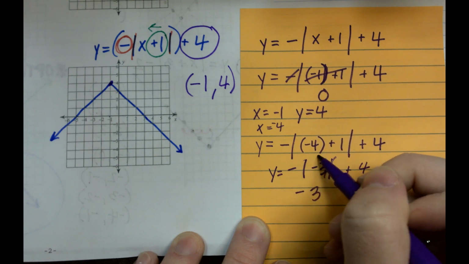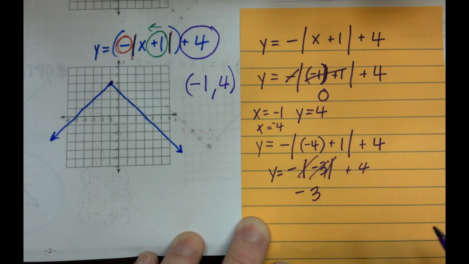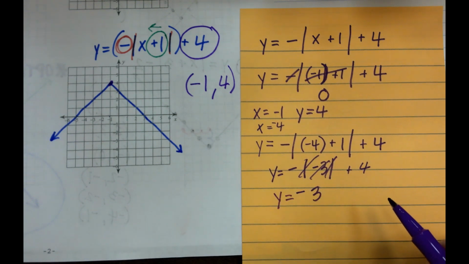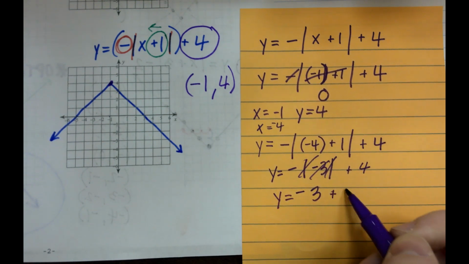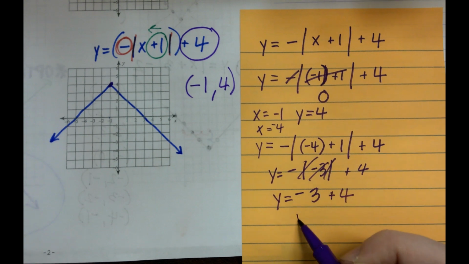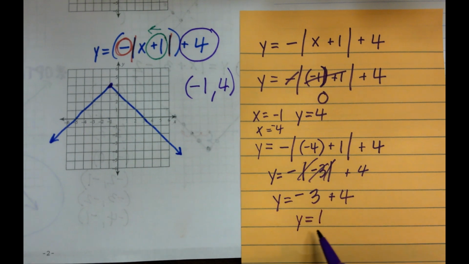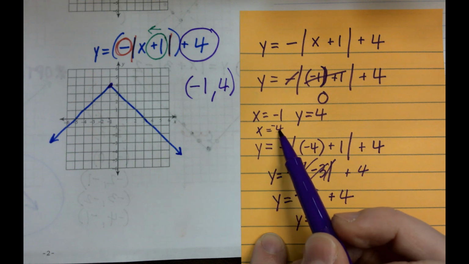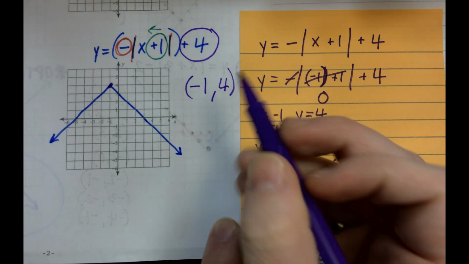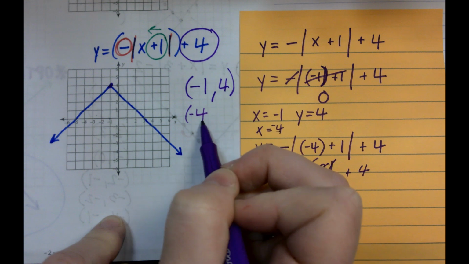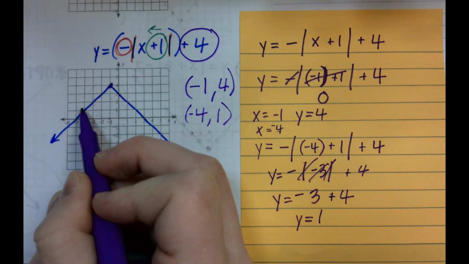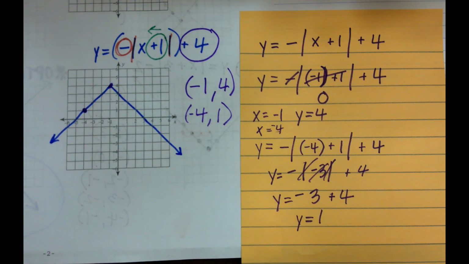But there's a negative outside of it, so it stays -3. And then plus 4. -3 plus 4 is 1. So when x is -4, y is 1. I'm going to go over -4, up 1, and yeah, it lands on my line. Perfect.